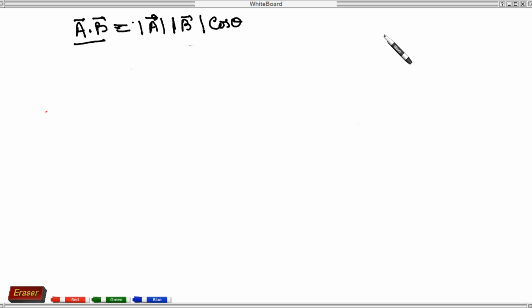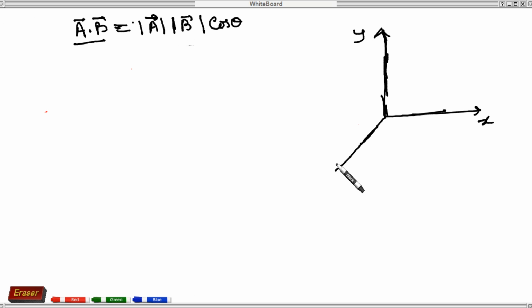Let us consider a case. This is the x-axis, this is the y-axis, and this is the z-axis. Suppose this is our vector A, and this is equal to 5i.